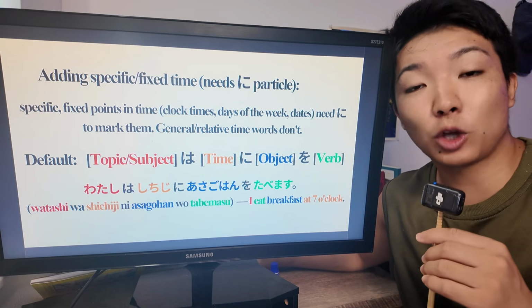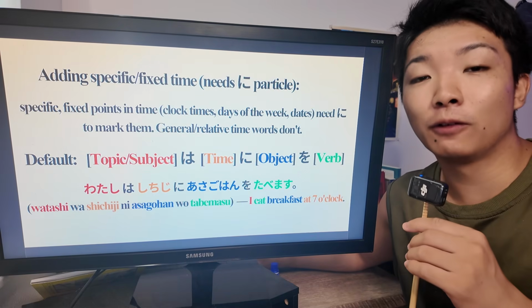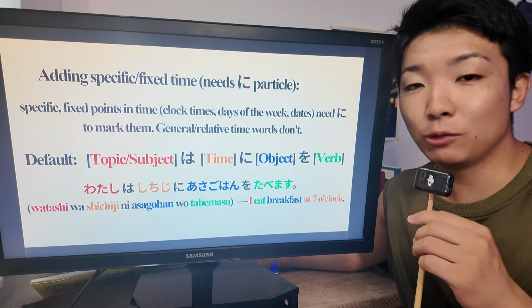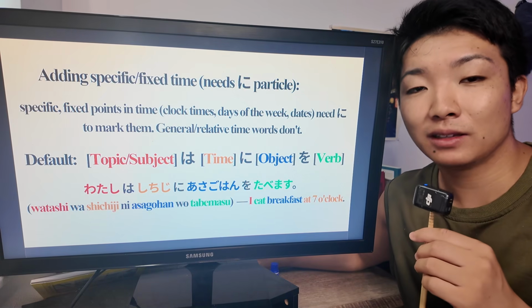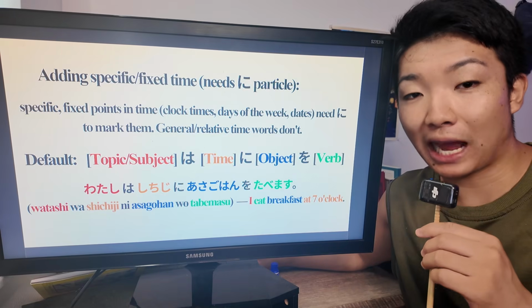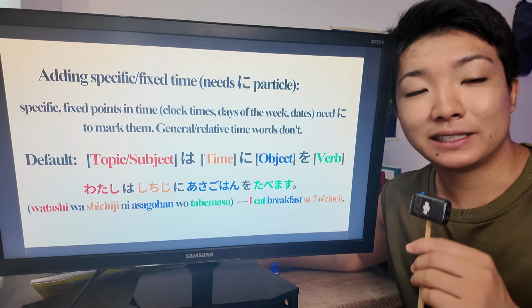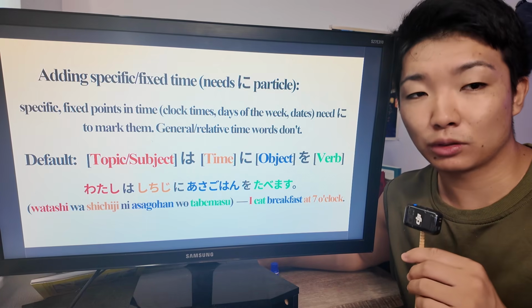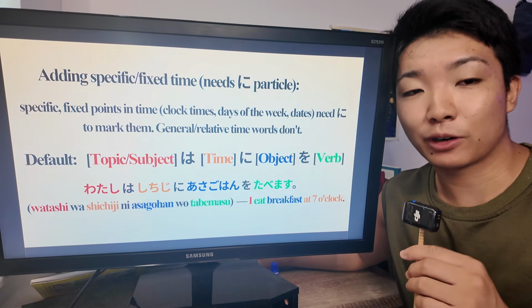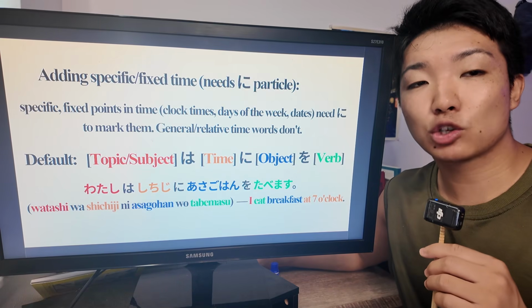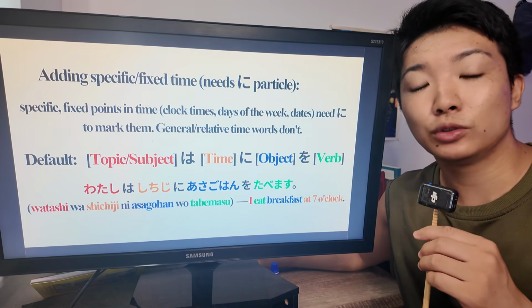Another example is topic subject は time に object を verb. 私は7時に朝ごはんを食べます. It means I eat breakfast at 7 o'clock. 私, subject, I. 7時, time, at 7 o'clock. 朝ごはん, object, breakfast. 食べます, verb, to eat. So make sure whenever you use a specific fixed point in time, you use the に particle.